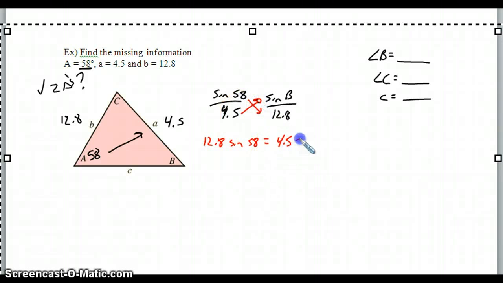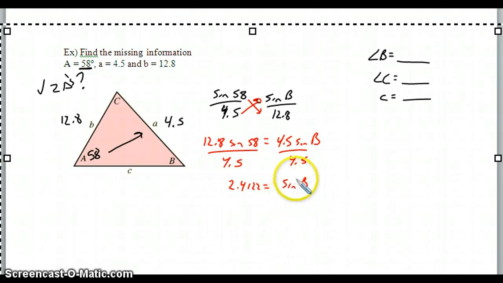Divide by 4.5. We would get 12.8 sine of 58 divided by 4.5, which would be 2.412 as the sine of B.